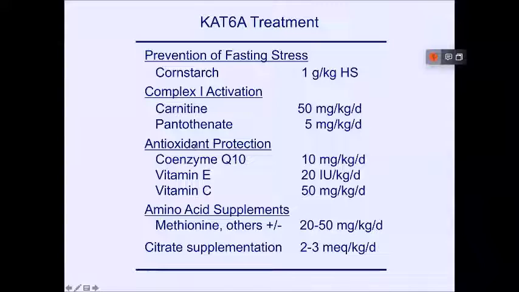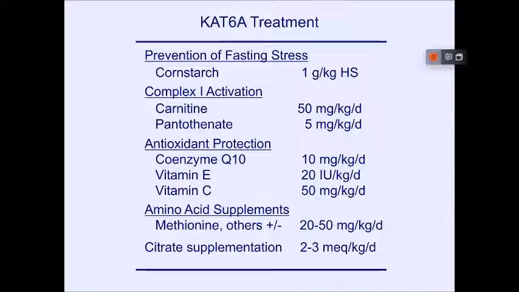One of the things that we see in older children with KAT6A is that the apparent mitochondrial dysfunction that we see by the various tests that we do can produce what are called free radicals, and those free radicals damage the mitochondria in an irreversible way until the mitochondria can double and replace their membranes.